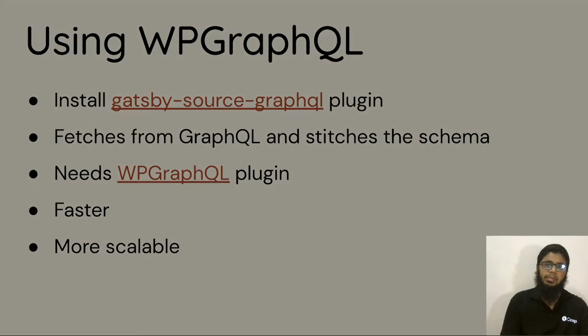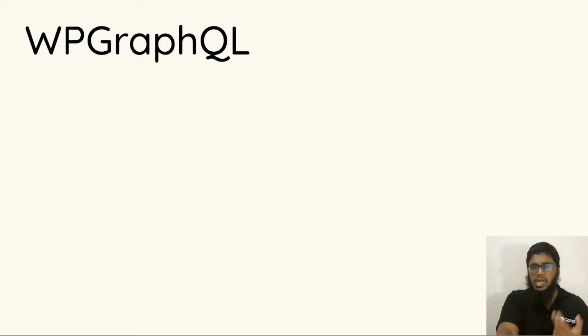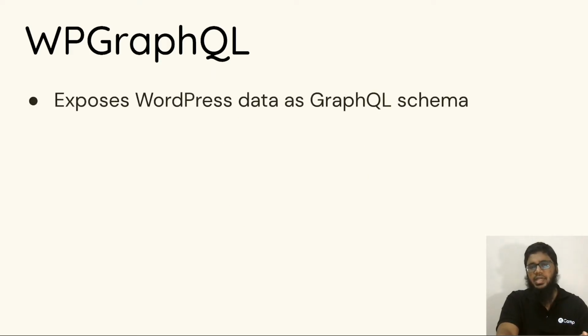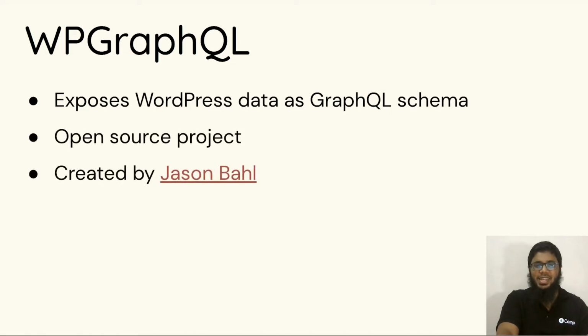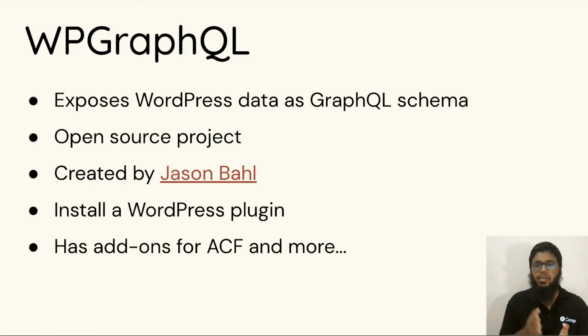Let's talk a little bit about WordPress GraphQL or WPGraphQL. WPGraphQL exposes your WordPress data as GraphQL schema, and it's an open source project built by our friend Jason Bahl. With this, you install a WordPress plugin, and it has add-ons for ACF and custom post type UI, and more.